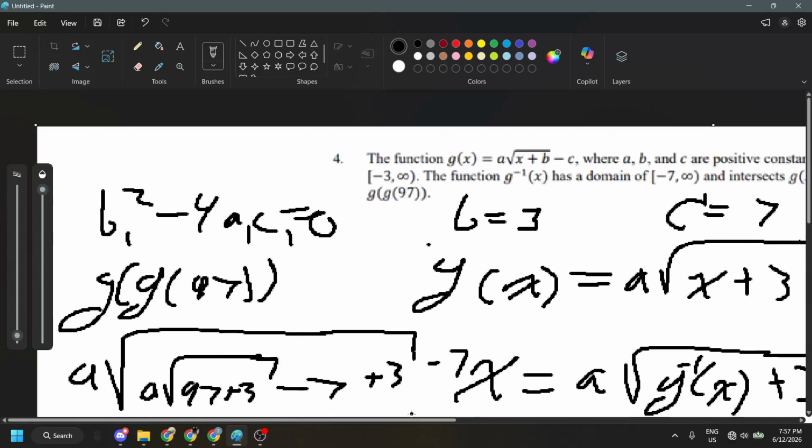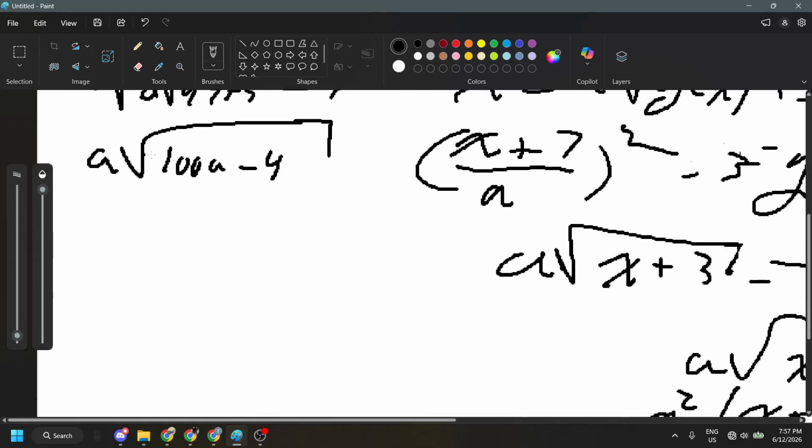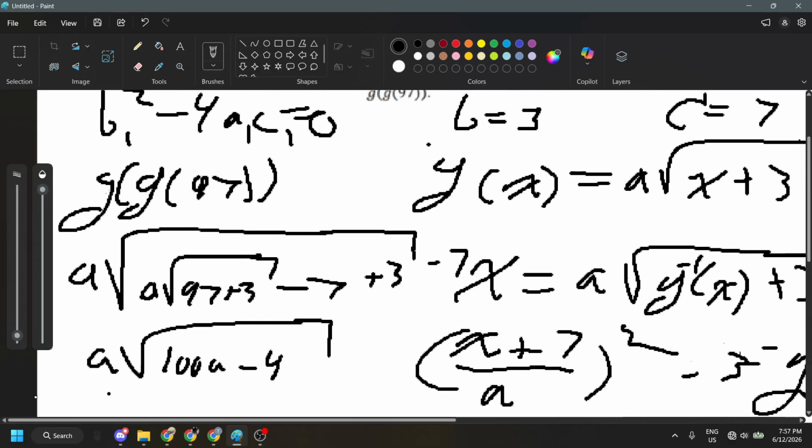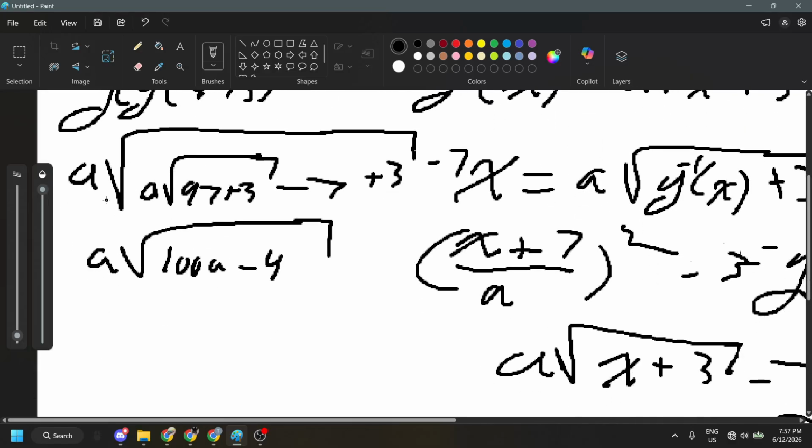So what's a perfect square 4 away from a multiple of 100? It could be a decimal as well. It could be like 0.25, a quarter, no. Can it be 1/10?